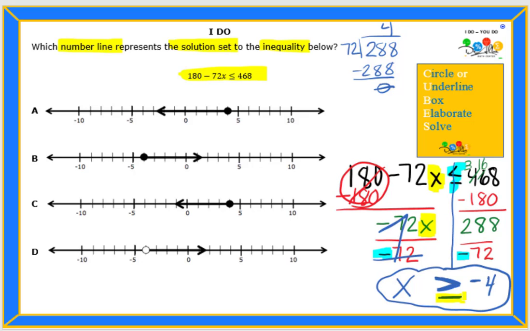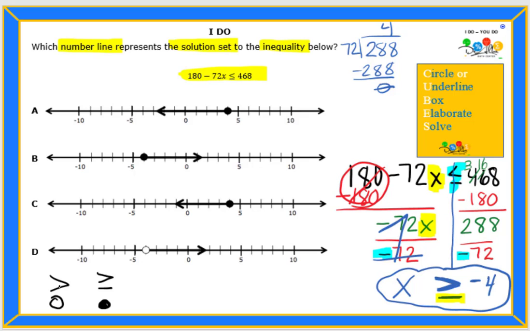Let's remember, if we have the greater than sign, just like that, that would be an open circle. But if we have the greater than or equal to sign, that is a closed circle. The difference is that when we have the equal sign, we are including that number as part of the solution set.